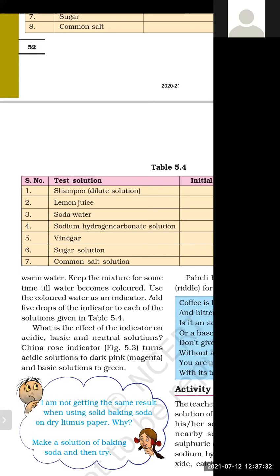What is the effect of the indicator on acidic, basic and neutral solutions? China rose indicator turns acidic solution to dark pink, meaning magenta color, and basic solution to green. So students, underline this.